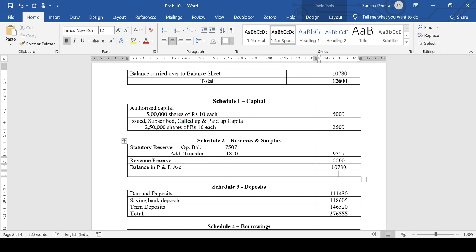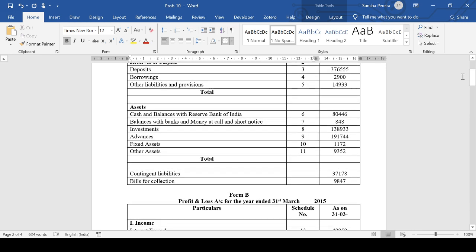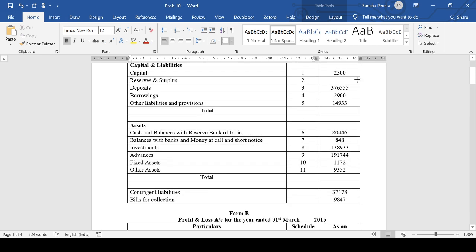So the total there is 25,607. Let's transfer this to the balance sheet and then tally the balance sheet. 25,607. So the total of the balance sheet is 422,495.